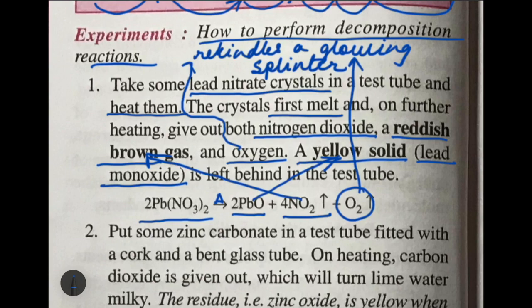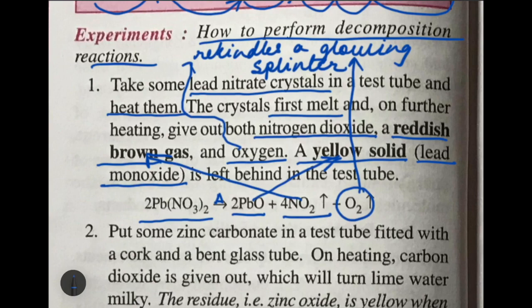Okay, or that will not be mentioned also. It gives out two different gases and a solid is left behind. So the questions asked will be: what is the name of the crystal? What are the names of the two gases which were released? What is the name of the solid left behind?